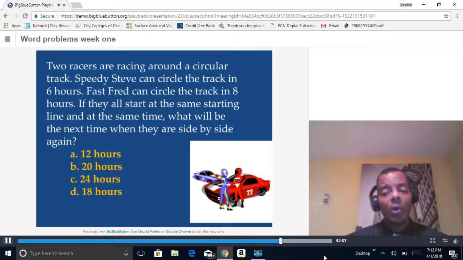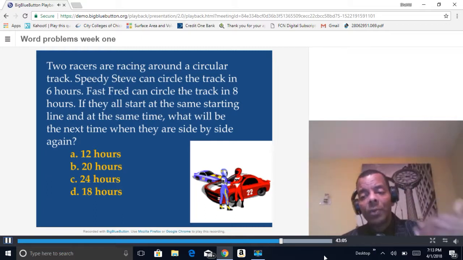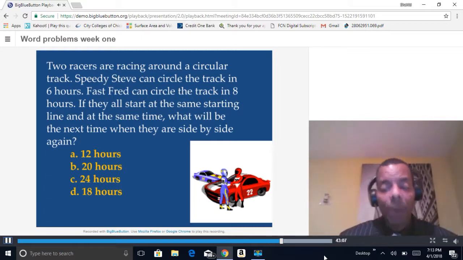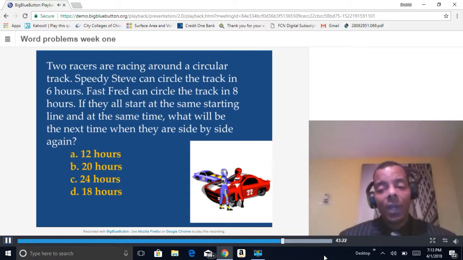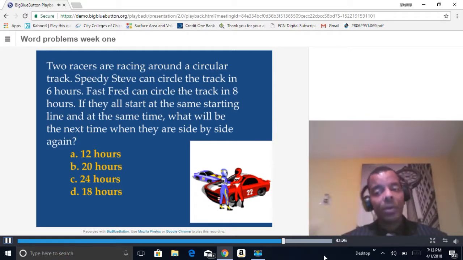Because if you go to your multiplication chart, every 6 on the chart is another multiple of 6, and every 8 is another multiple of 8. We're trying to find something that you might remember from middle school. We're trying to find what is called the least common what? Multiple. Absolutely. I knew you learned that in school.